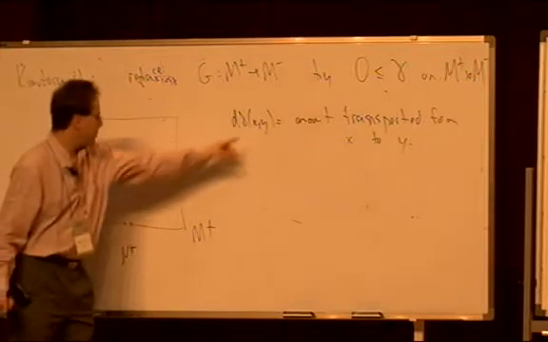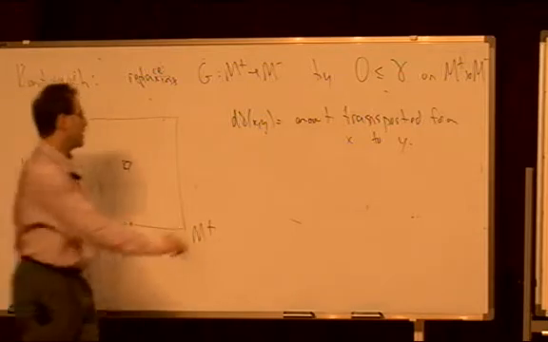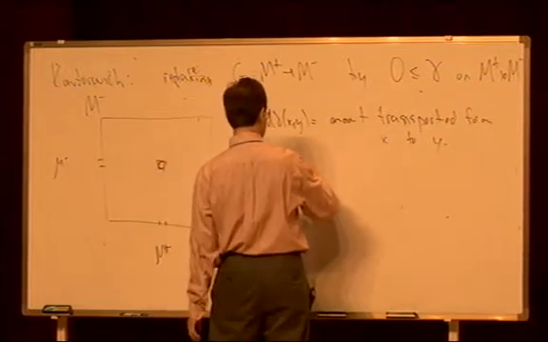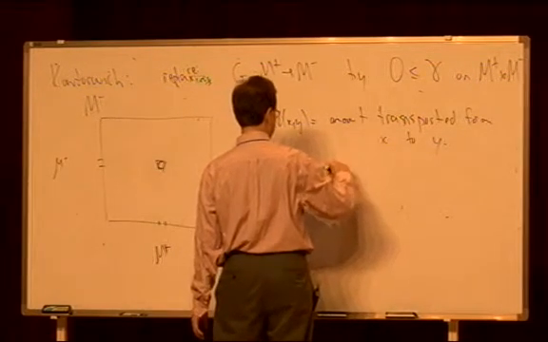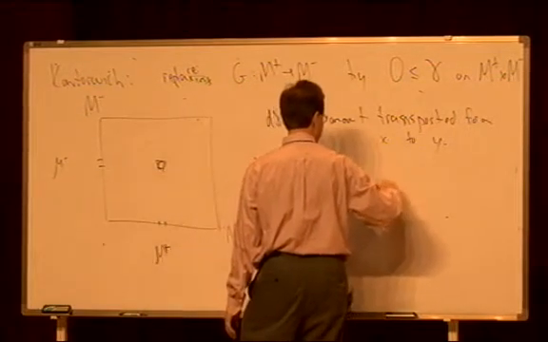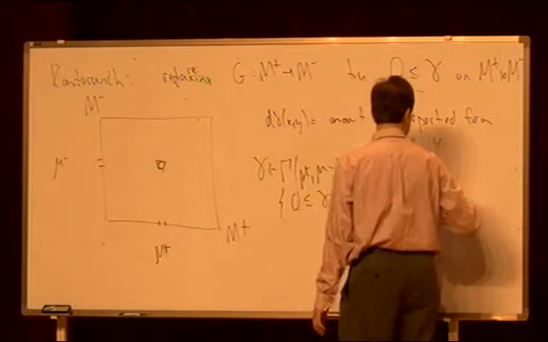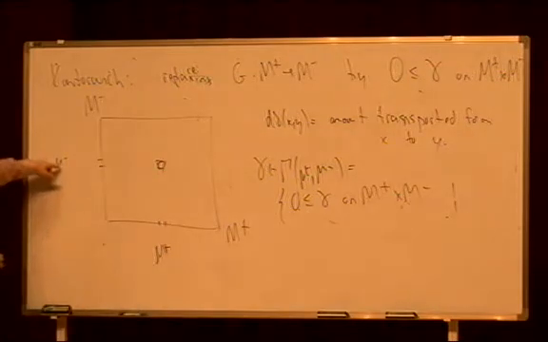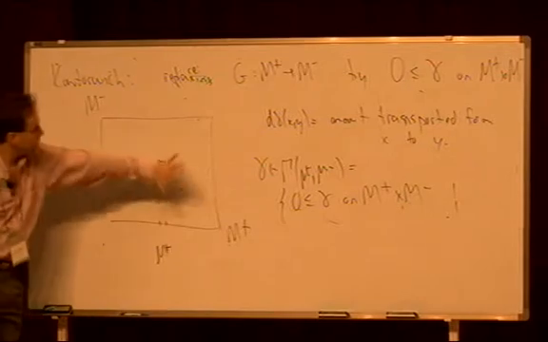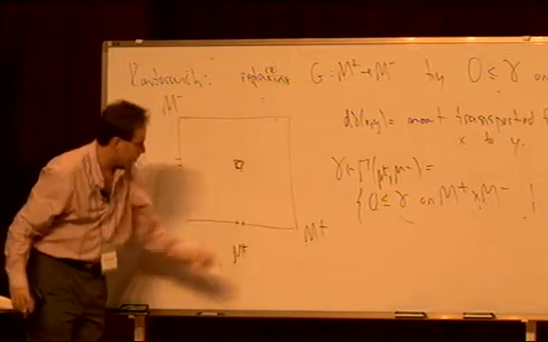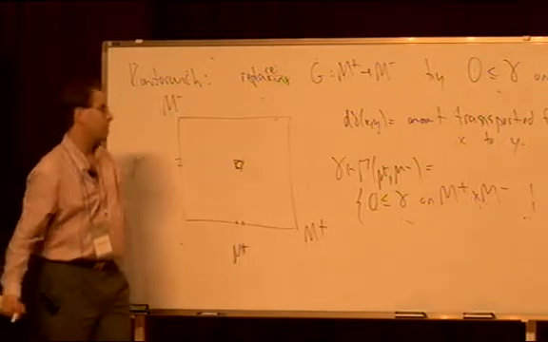And since this gamma is supposed to transport mu plus to mu minus, I want it to belong to the set of joint measures. So this is the set of non-negative measures on the product space that have the property that if I dump all the grains of sand over to the vertical, then what I see is the same distribution of grains on m minus as given by mu minus. Whereas if I take the grains of sand given by gamma and I project them to the horizontal, I want to see this distribution of mass, mu plus.